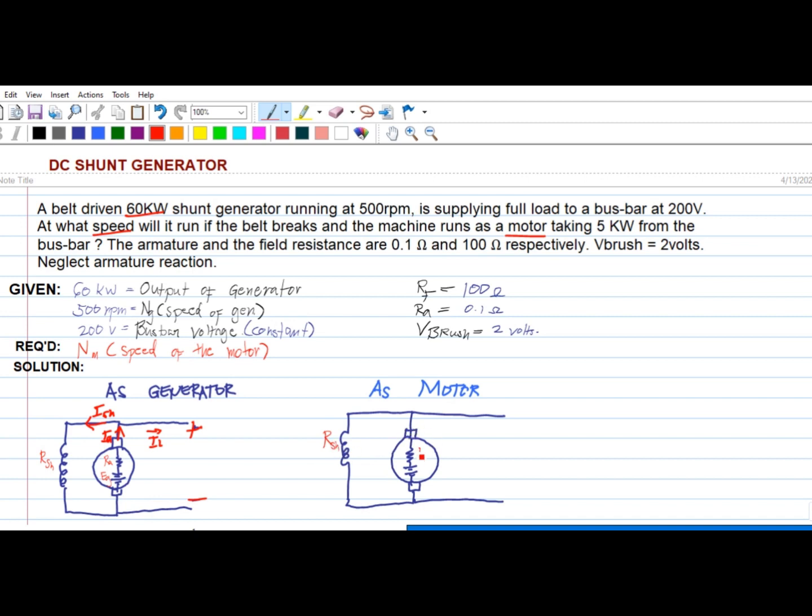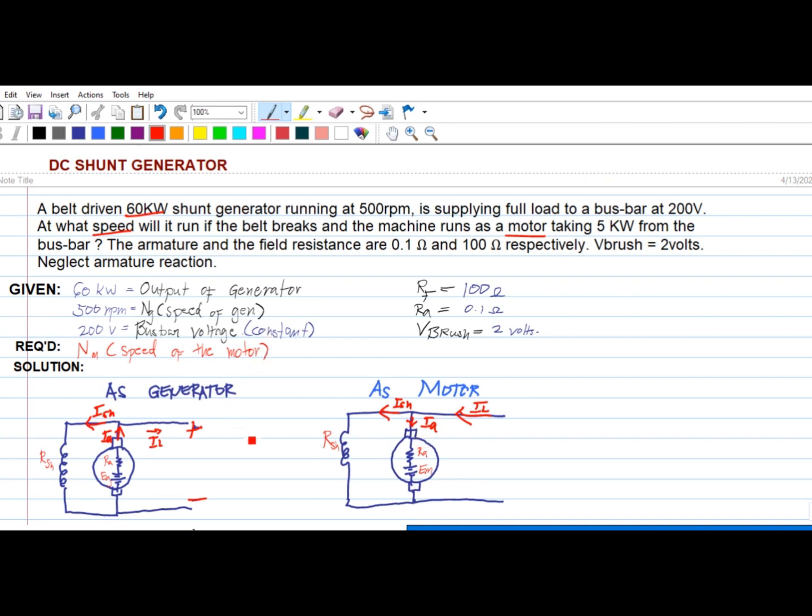Then as a motor, we have R_SH, R_A, and E_M as motor, but the direction of current is going into the armature, so I_L, I_A, and I_SH.